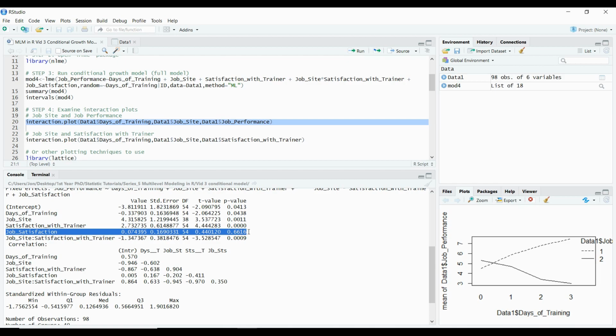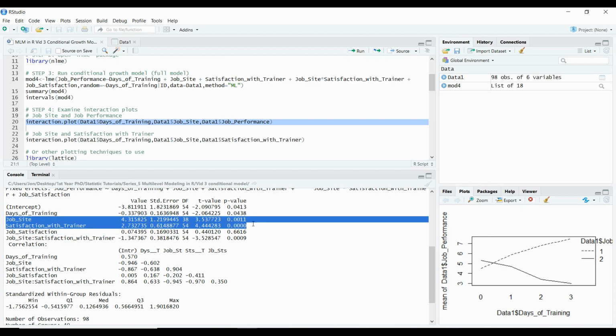Did overall job satisfaction have any role to play in how well people did within the training? The value is not significant, so it really had no effect, which is fine. And then, of course, the main effects for job site and satisfaction with trainer are significant, which makes sense as the interaction itself is significant.